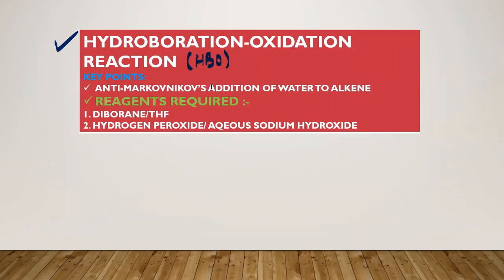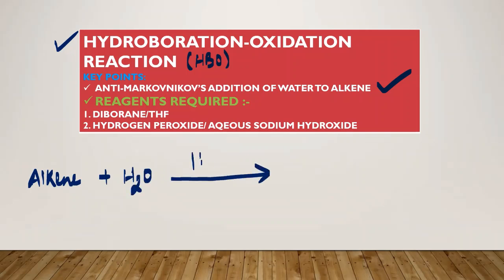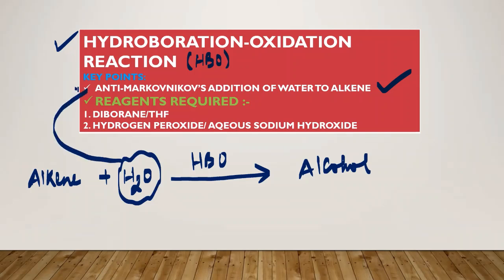So you will be taking an alkene and adding water to it, and this reaction is your hydroboration oxidation reaction, and obviously you will be getting an alcohol. The addition of water should be done as per anti-Markovnikov's rule.